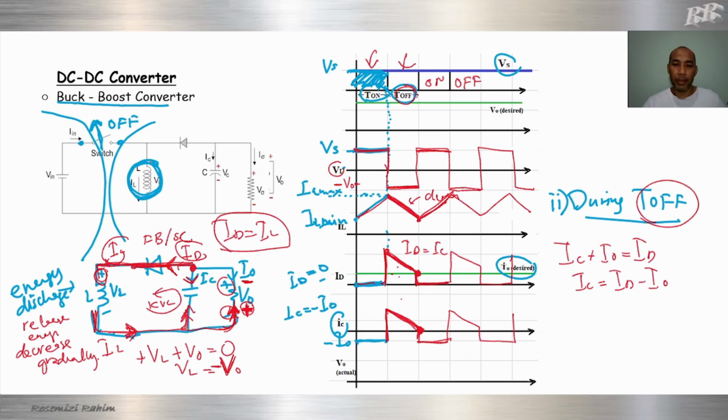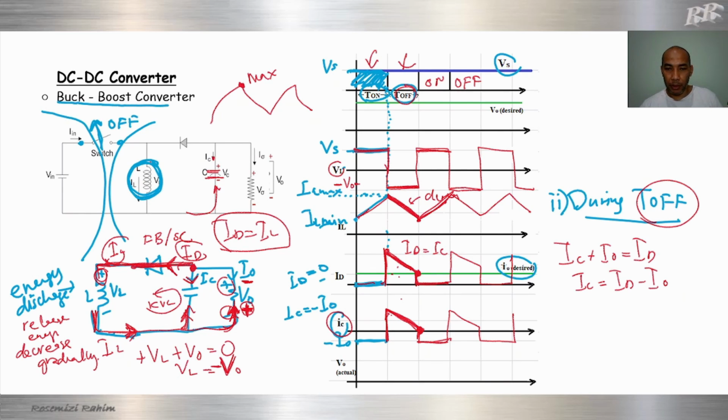Look at the capacitor. We know that the capacitor will charge and discharge. When current flows through the capacitor, it will charge up to maximum, then charge and discharge repeatedly.